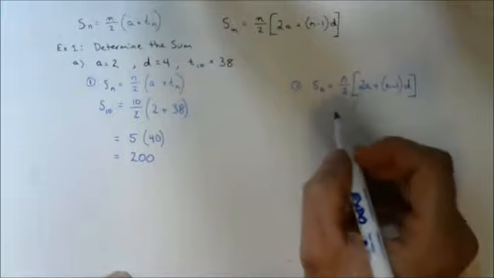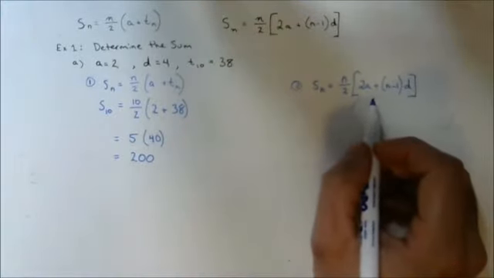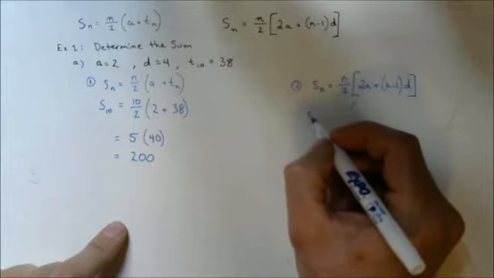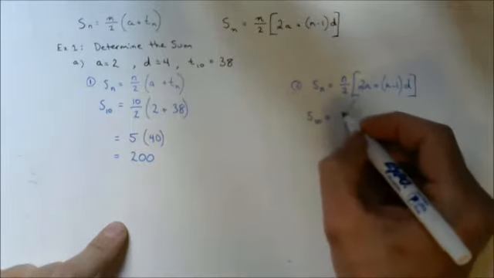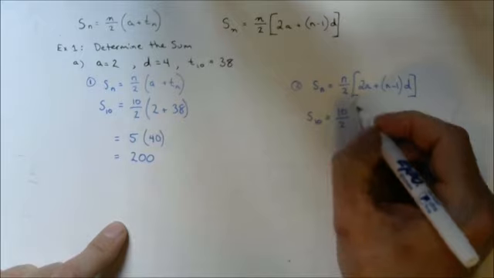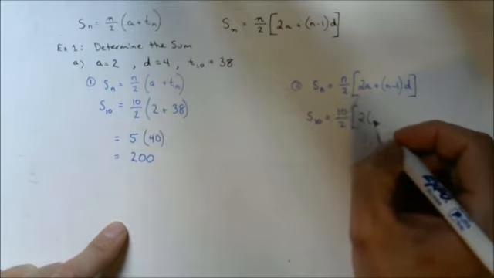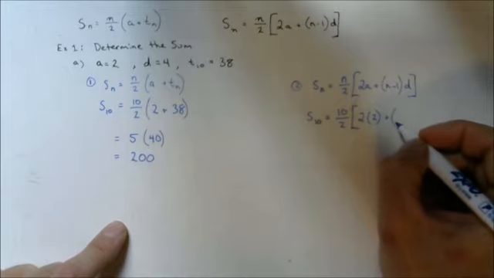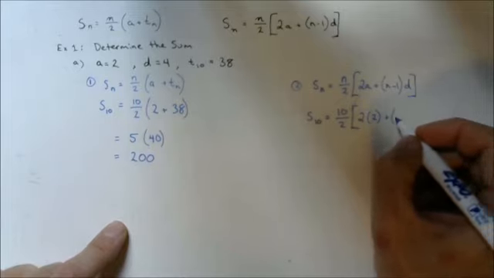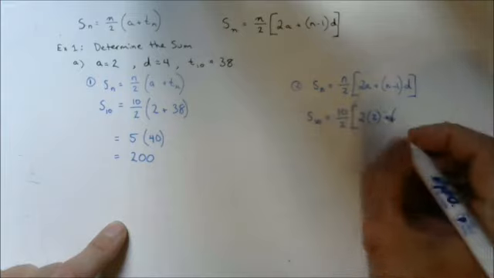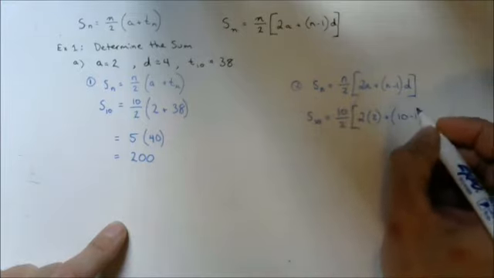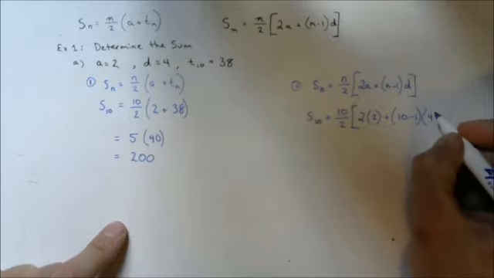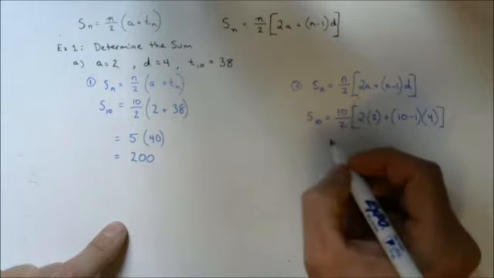Okay? Let's go across, and just for the sake of practice, we're going to use our second formula. We have the sum of the first n terms. So to get this first 10 terms, again, we have 10 over 2. Then in the bracket, we have 2 times our first term, which is 2, plus n minus 1. We know n is 10 because we're looking for the sum of the first 10 terms. And we know the common difference is 4. Close it up.